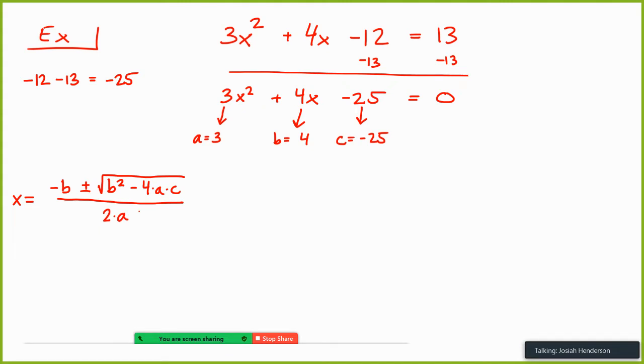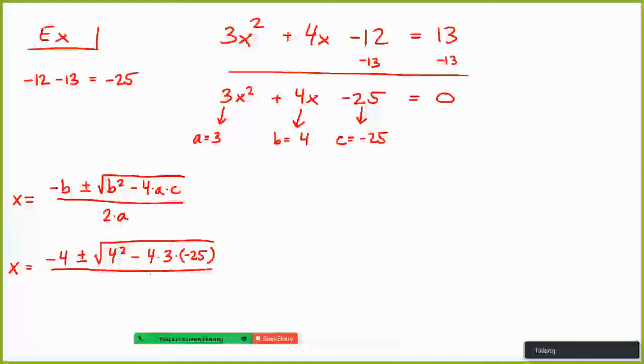Now let's plug in our parts. x is equal to negative 4 plus or minus the square root of 4 squared minus 4 times 3, that's a, times negative 25, and then all divided by 2 times a, which is 2 times 3.